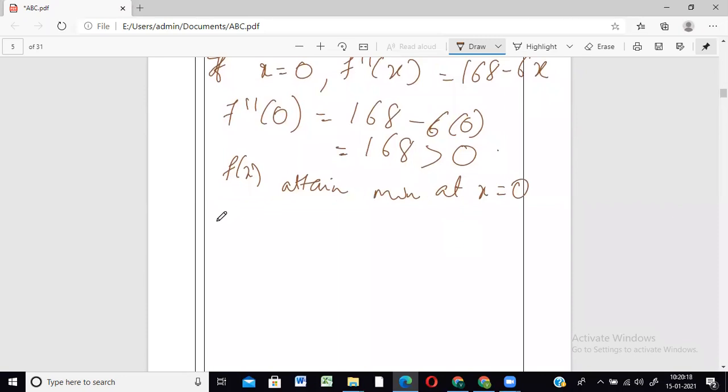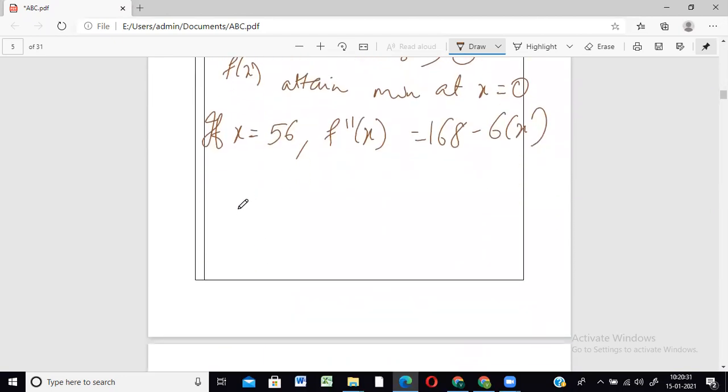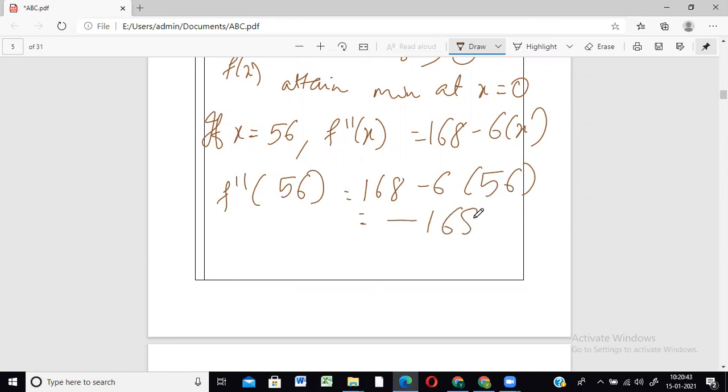We'll do the same procedure that we did for x equal to 0. Find out f double dash x. What is f double dash x? The same thing, 168 minus 6x. So f double dash of 56 will be nothing but 168 minus 6 into 56. This is equal to minus 168 as the final answer, which is less than 0.